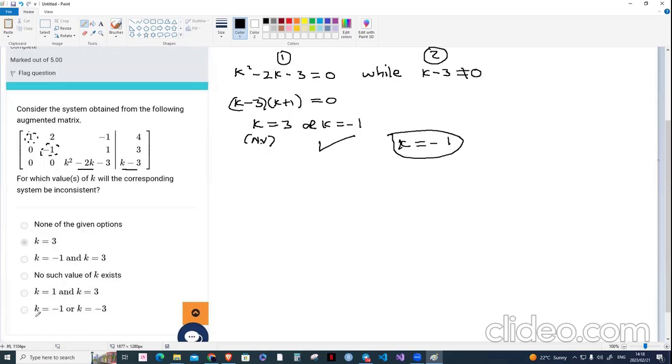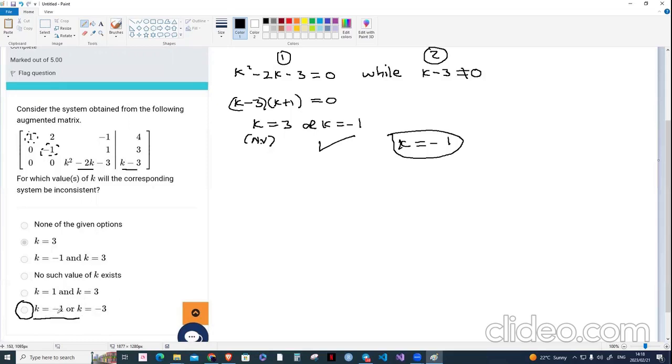And the reason why this one is correct is because when you have an "or", the whole statement becomes true only if one of the sub-statements is true.